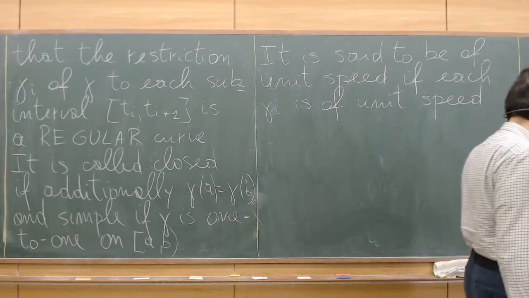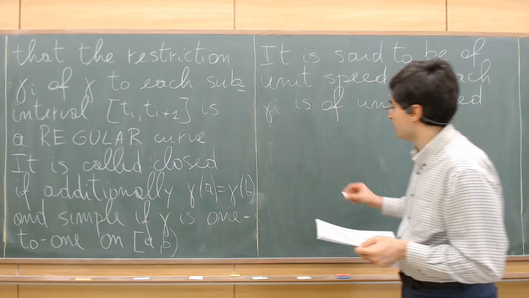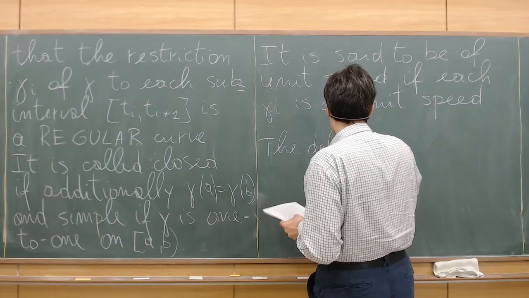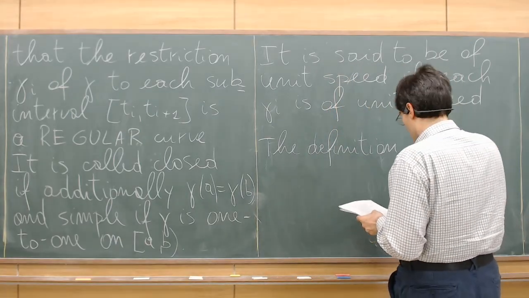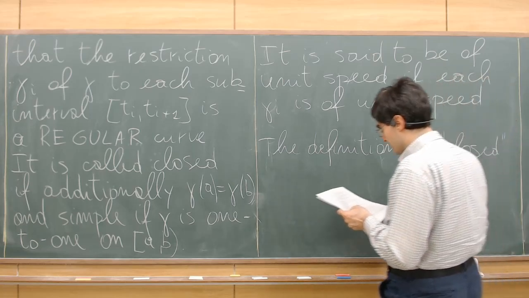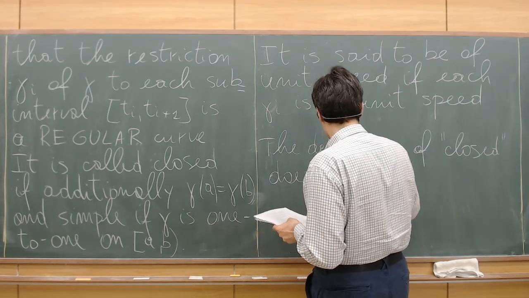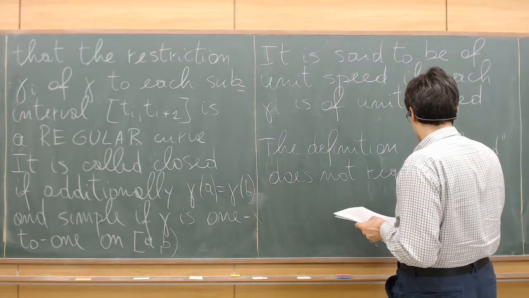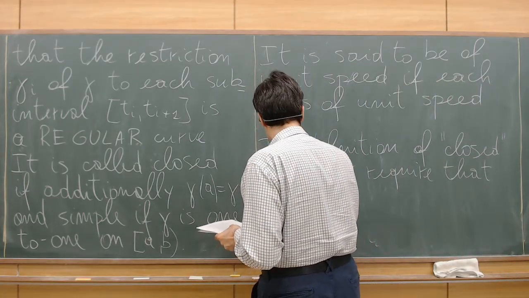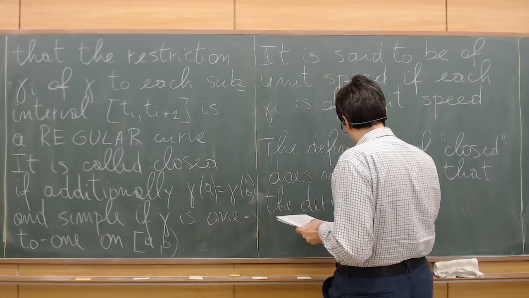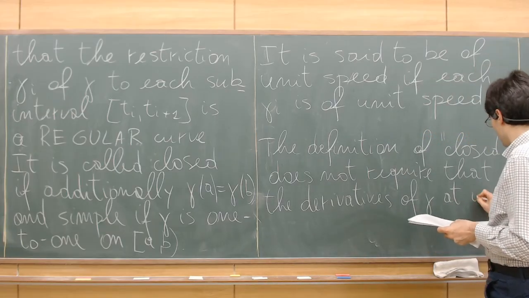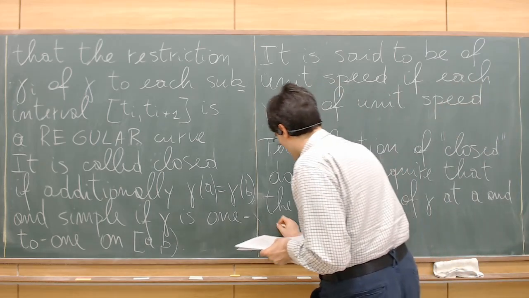Another remark I want to make is that the definition of closed does not require that the derivatives of gamma at A and B match.